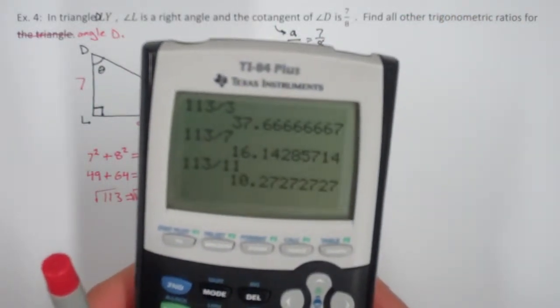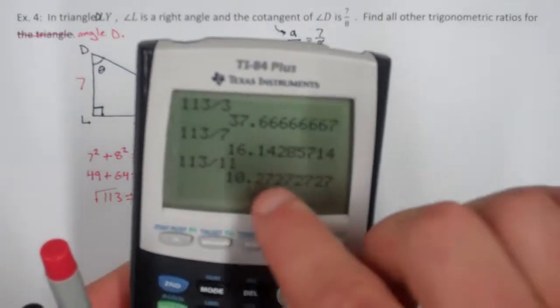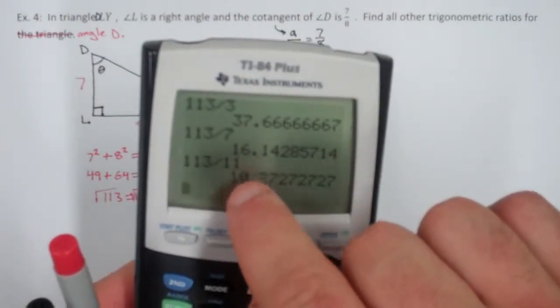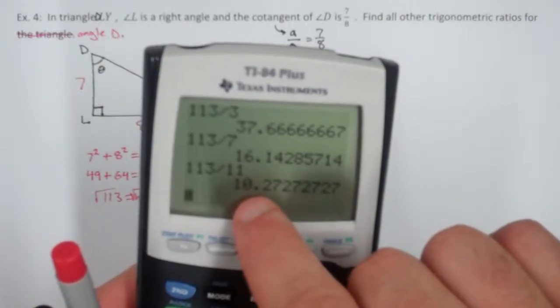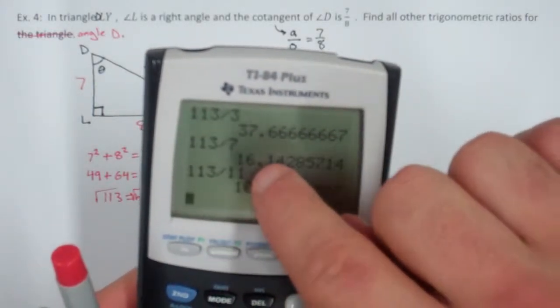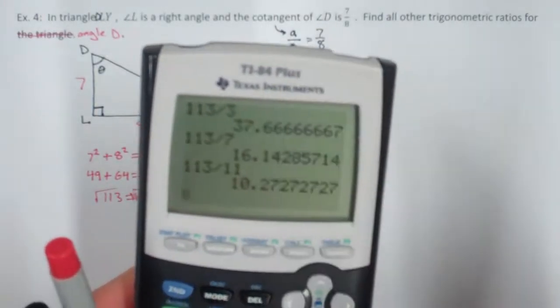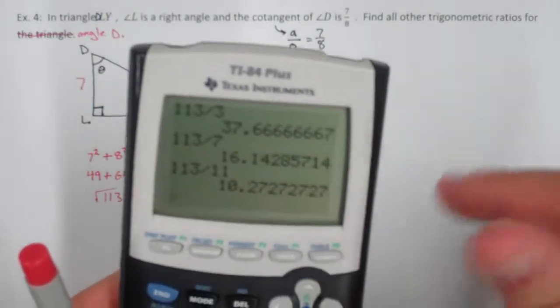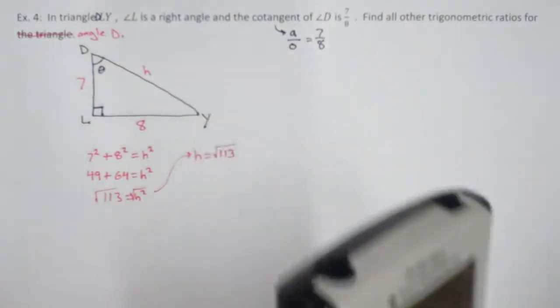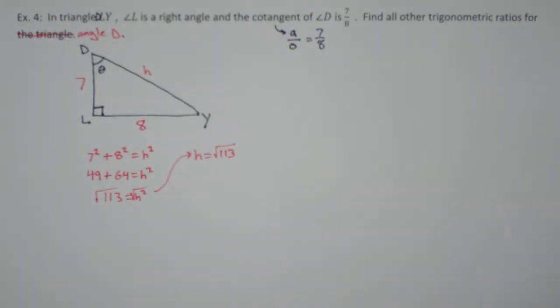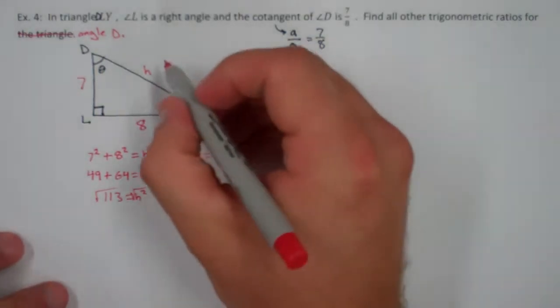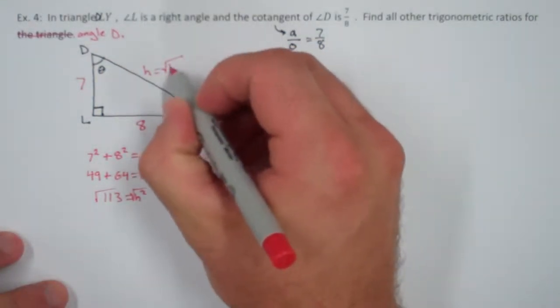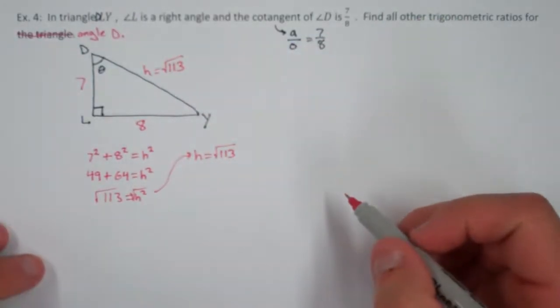Maybe 11. Nope. And you'll see now that the number we're dividing by is bigger than our answer here, and that's a switch. So here it was smaller and then bigger, and now it's bigger than smaller. So you don't have to go any further than that when those values flip like that. So 113 just can't be broken down, and we'll leave that value as the square root of 113.